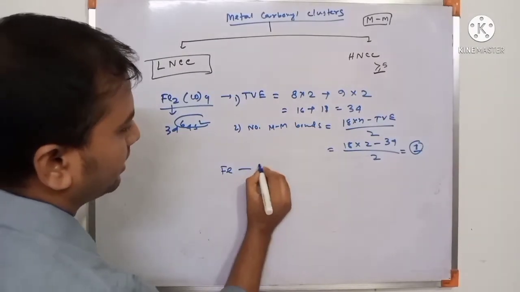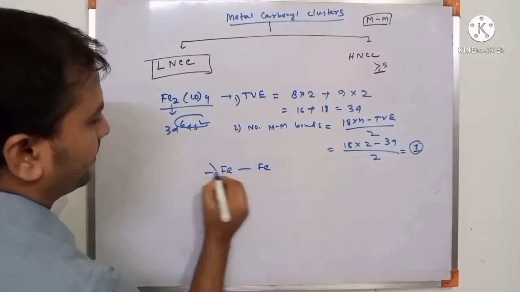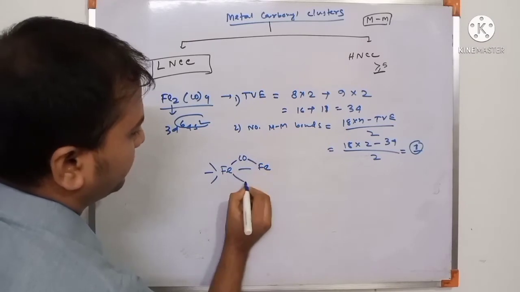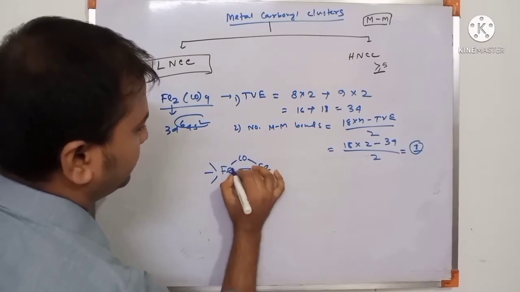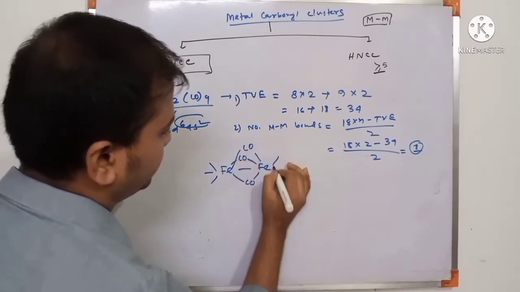So iron, but there are 3 carbonyls in bridging position.